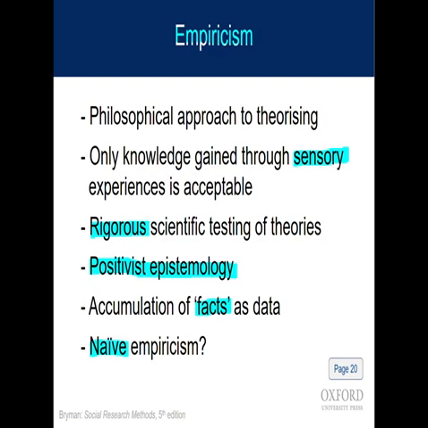So in a nutshell, it's a philosophy that if you want to learn about something, you need to be able to observe it with your five senses. You need to be able to see it, hear it, smell it, touch it, that kind of thing. And through our sensory equipment that humans have, we're able to learn about our world.